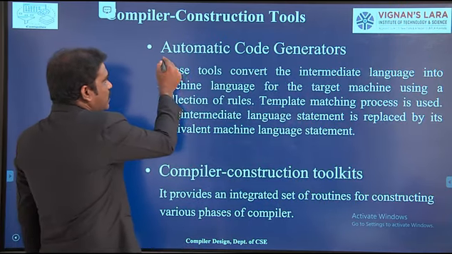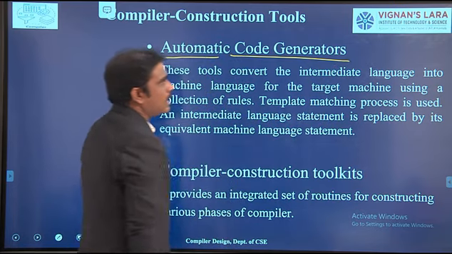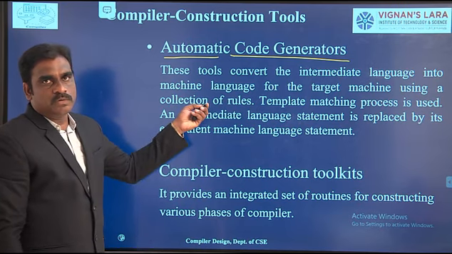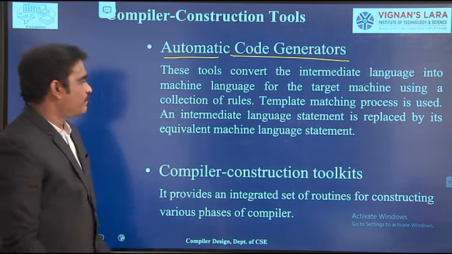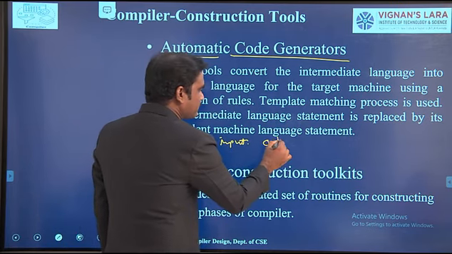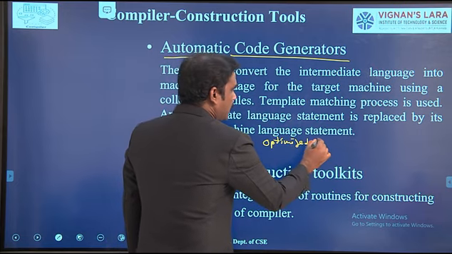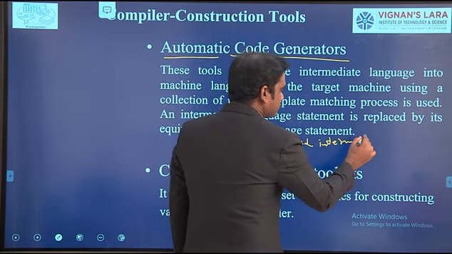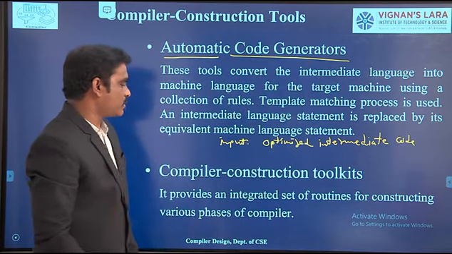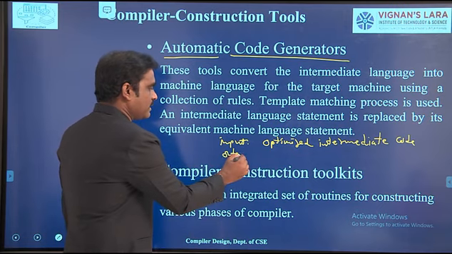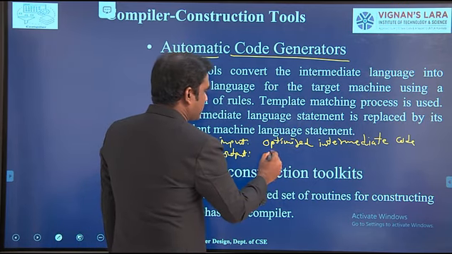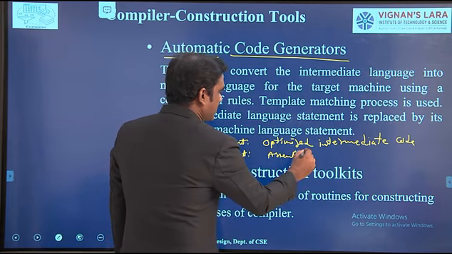And the next one is the automatic code generator. This tool is related to the last phase, that is code generation. In this case, the input is optimized intermediate code, and it generates machine language, that is nothing but assembly code, assembly language.